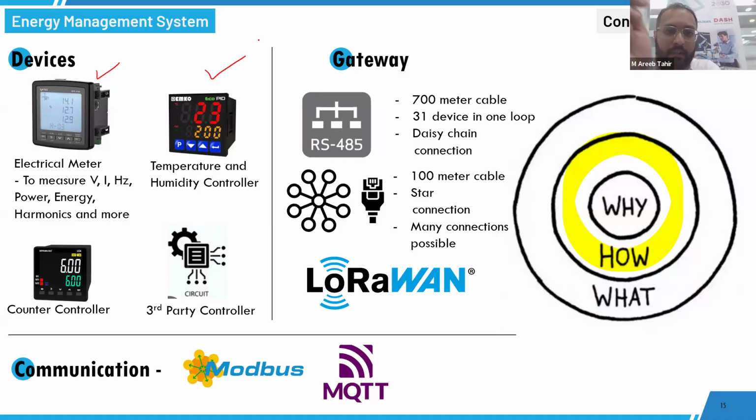Then the next one, for quality purposes, like temperature and humidity controllers, we have those devices also. If you need to monitor the count of the product, you want to connect a counter to our system, it's also possible. And we have counters which can communicate.